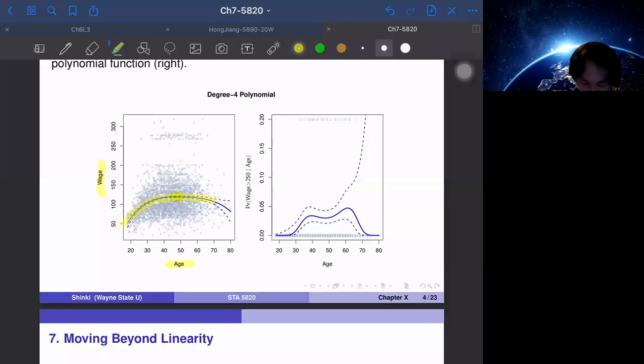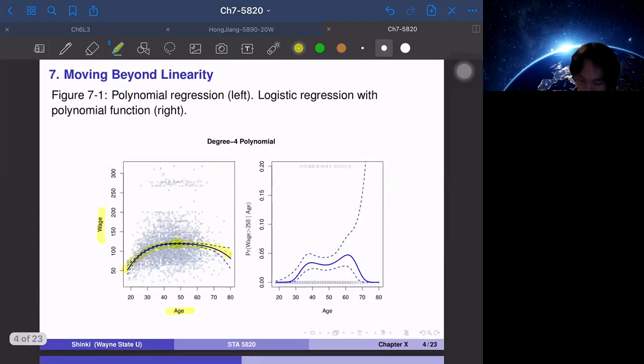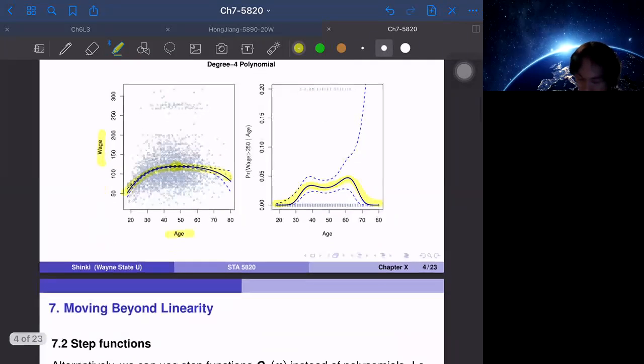So we can fit, for example, a quadratic curve to identify this pattern in the relationship between wage and age. The right-hand side is just a histogram: the age and the probability of wage being more than 250, probably $1,000.